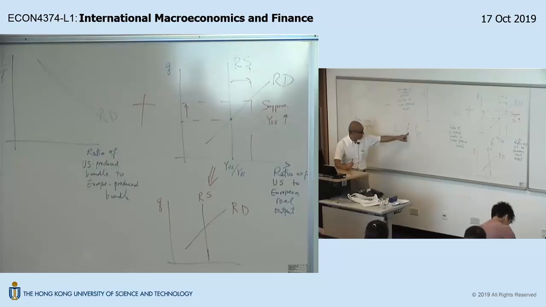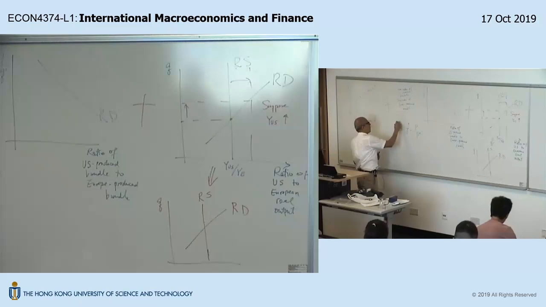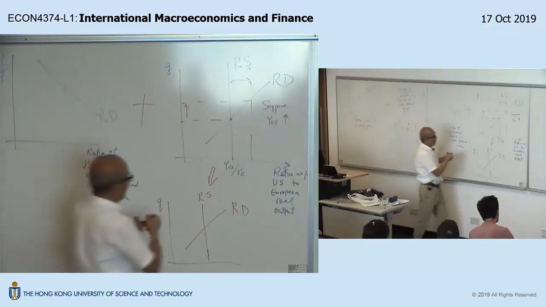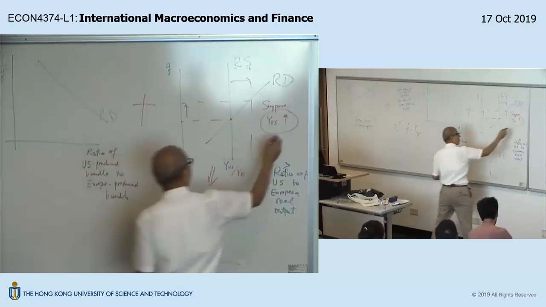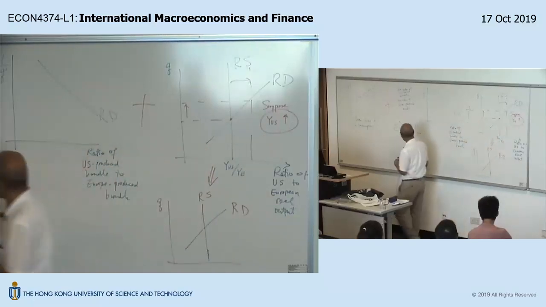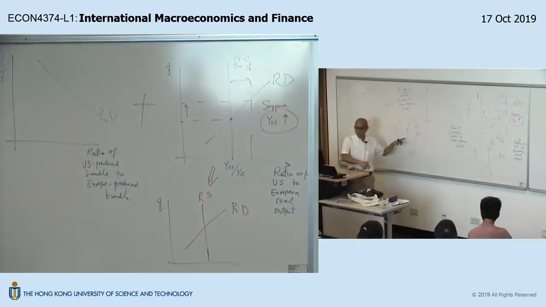If I say this increases, therefore this will increase in the long run? Suppose there's such a thing happening. What did I miss? Can anybody tell me? What did I miss? Price level will change.